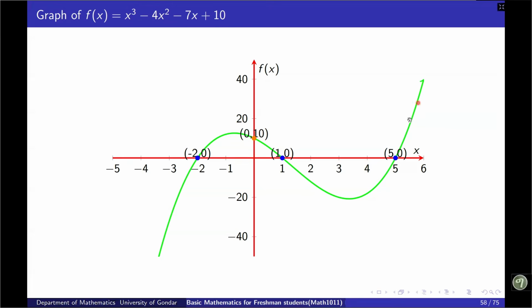When we take x to be a very large positive number, its functional value also goes to positive infinity. When x is a very small negative number with a very large absolute value, its functional value will decrease indefinitely without any bound. Therefore, roughly the graph of the given function looks like this.